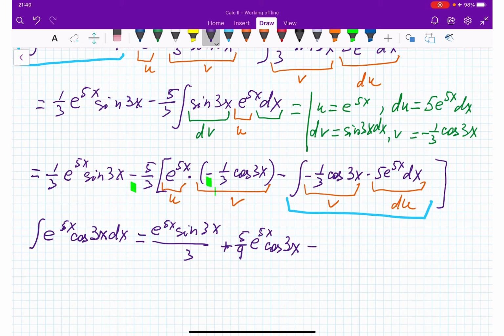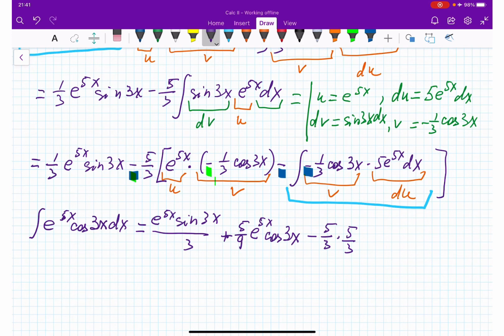Next, minus 5/3 times 5/3. Where do I get the negative? Here I have one negative, another negative, and here also another negative. Three negatives, so we will end up with negative again, yes? 5/3 times 5/3 integral: one 5/3 is this one, another 5/3 is this 1/3 times 5, yes?